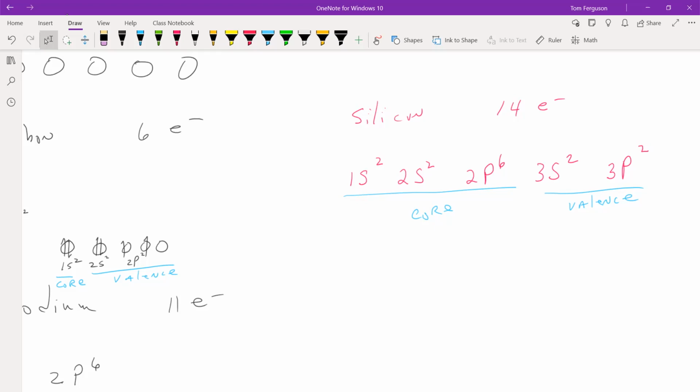Okay, so let's look at the orbitals here now. So let's go ahead and fill those all in. So that's what the orbital diagram looks like for silicon.